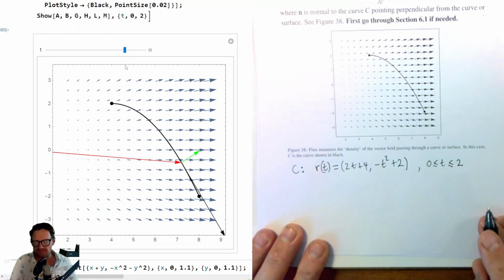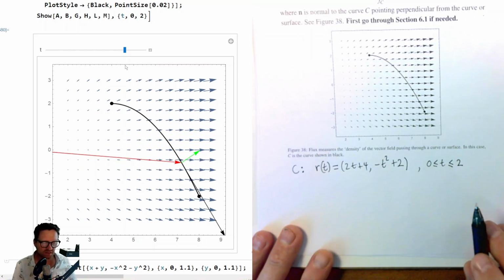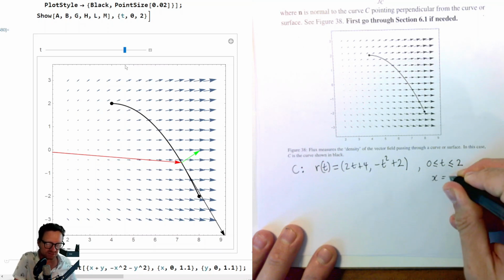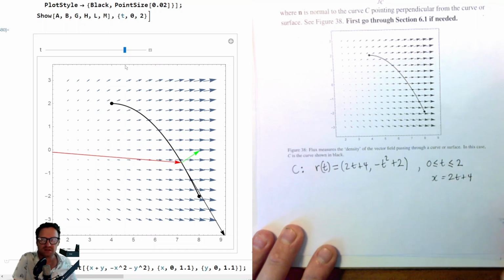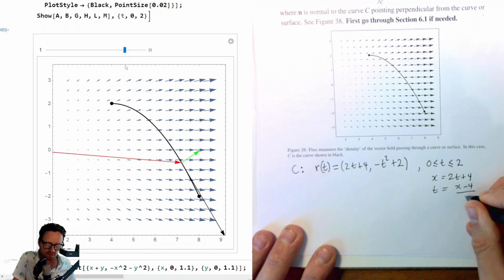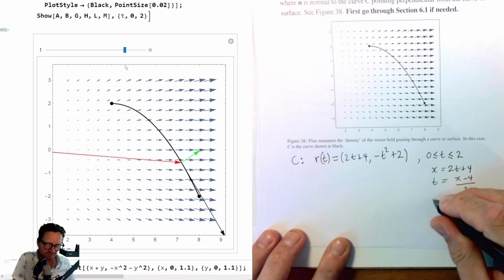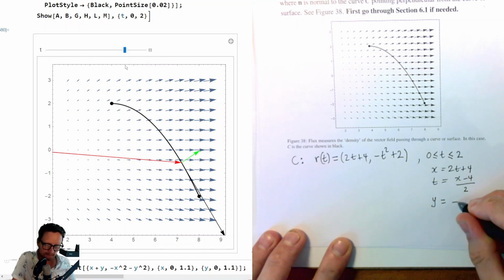All right, but let's, while we're at it, find what the curve is in xy coordinates. So this is x, this is y, so I can take x equal to 2t plus 4, solve for t and then sub it in here. So let's go ahead and do that. So this says t equals x minus 4 all over 2. Now if we square that and sub it in there, then we have y is equal to minus x minus 4 all over 2 squared and then plus 2.